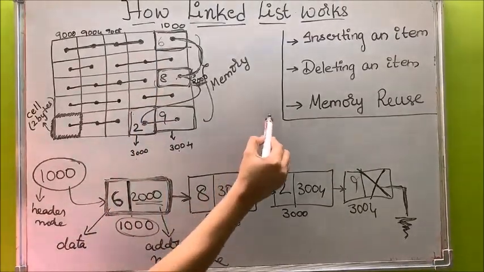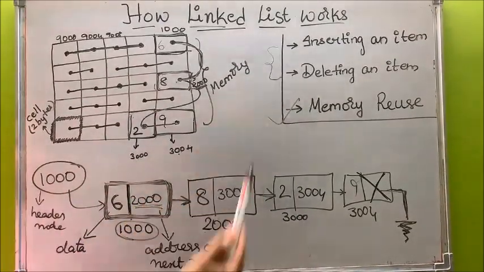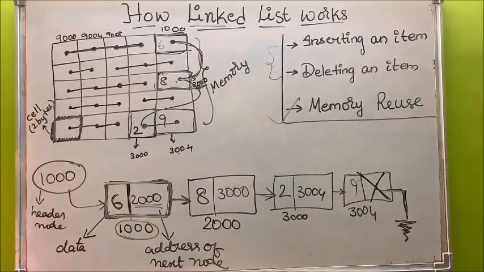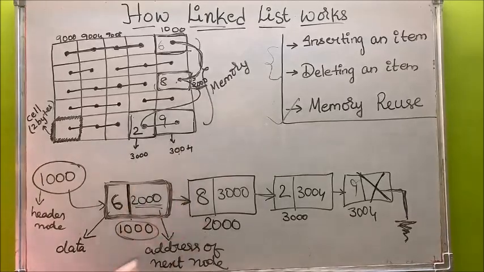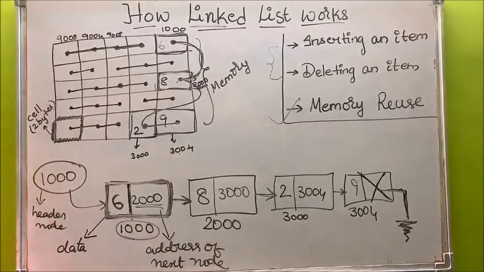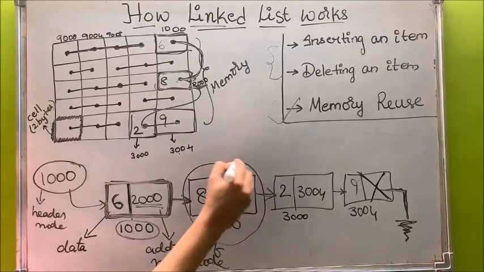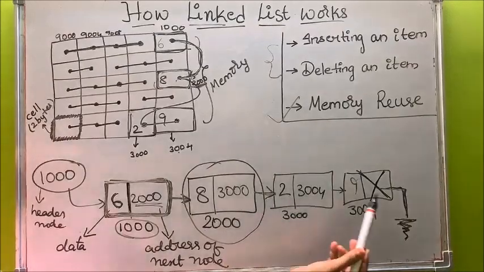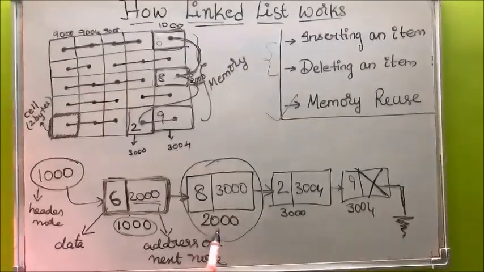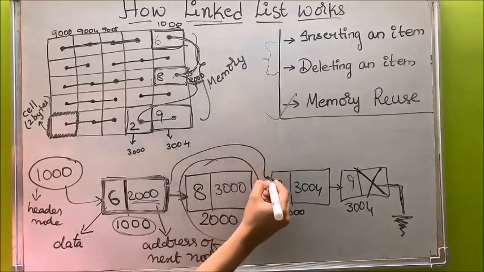So this one. And coming to the next two disadvantages I have explained in the previous video, they are inserting an item in any position in the array and deleting an item at any position in the array. For suppose if I want to delete this node, the second node, there is no need to shift all the elements which are on the right hand side of the linked list. Just simply we will assign the link to the next node.